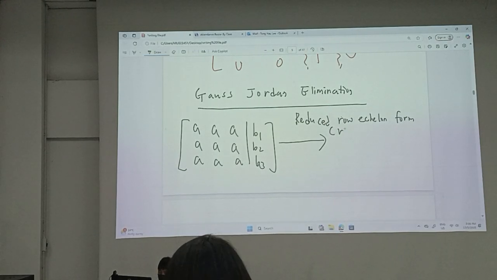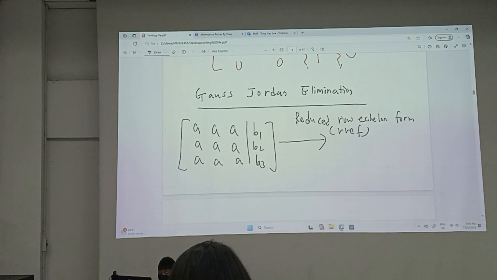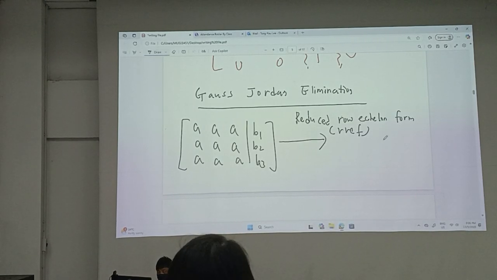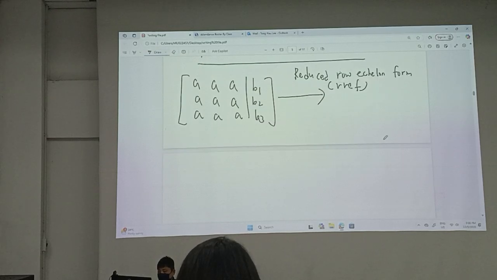So it means RREF, reduced row echelon form. In the tutorial, it will ask you to find this reduced row echelon form and so on. So what does reduced row echelon form mean?